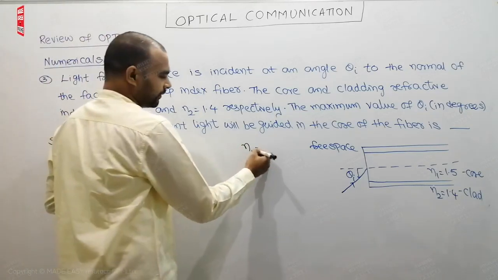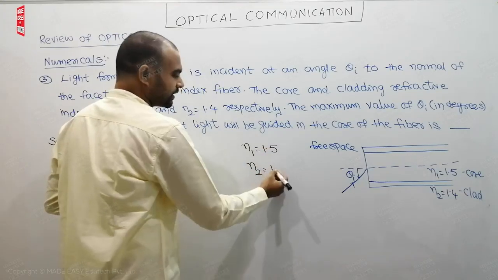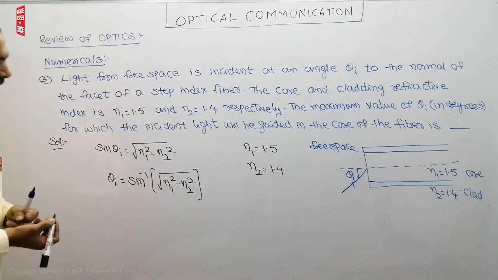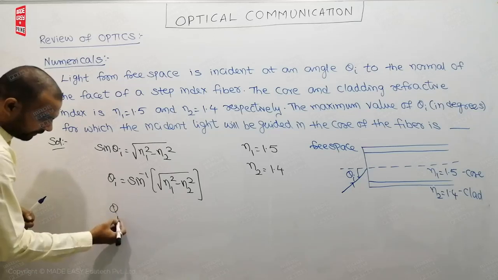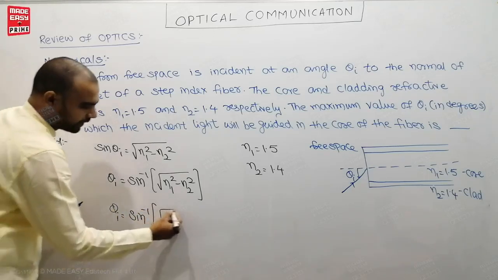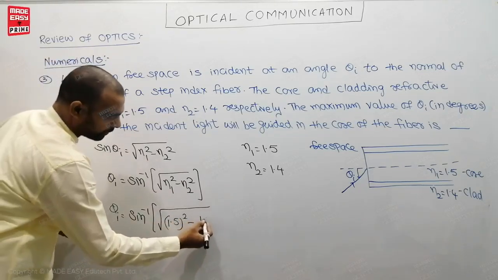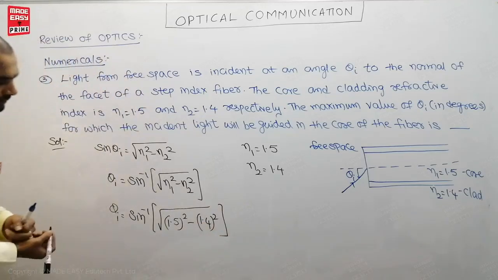In the question, n1 is 1.5, the refractive index of the core, and n2 is 1.4, the refractive index of the cladding. Both values are given. Substituting, theta I is sine inverse of the square root of 1.5 squared minus 1.4 squared.